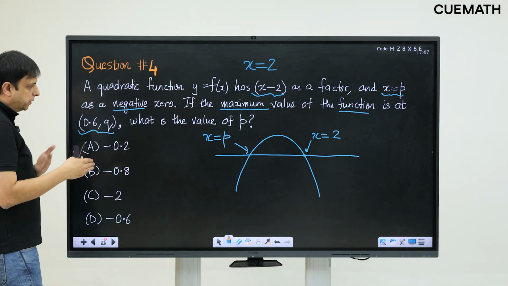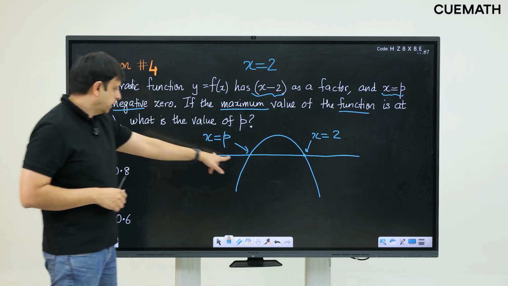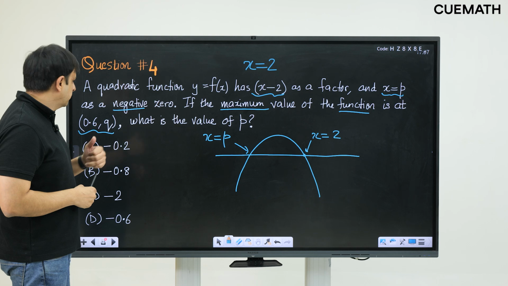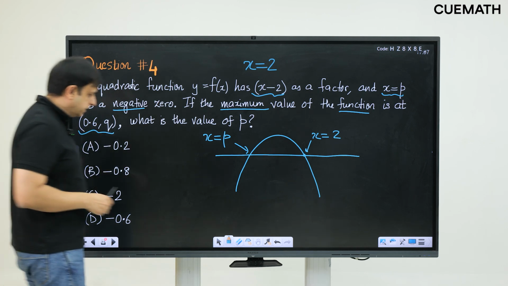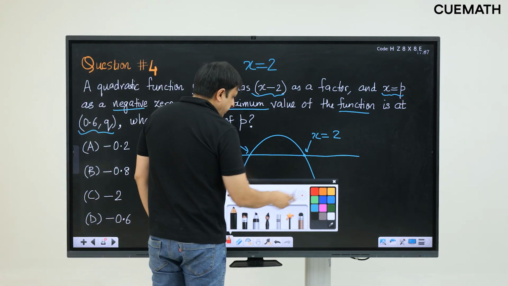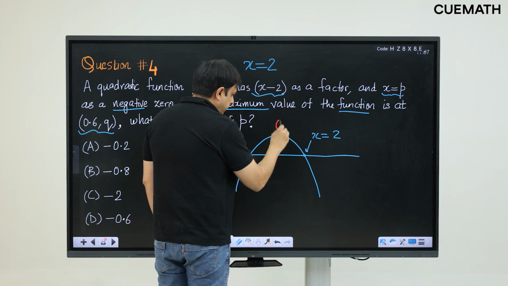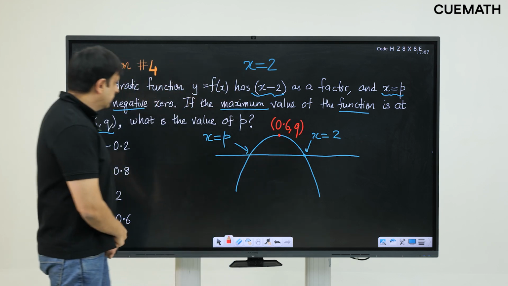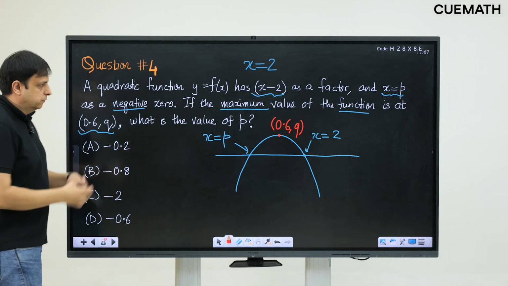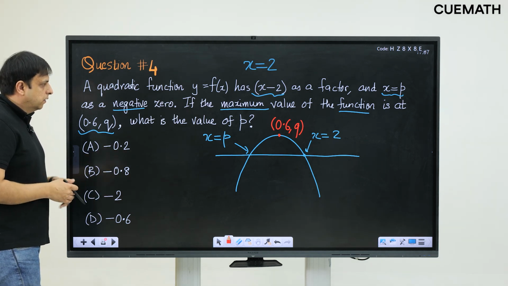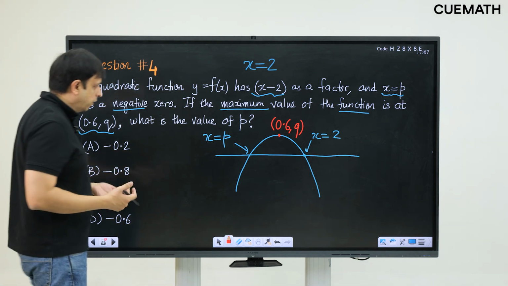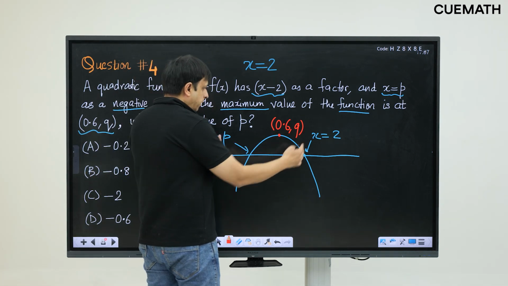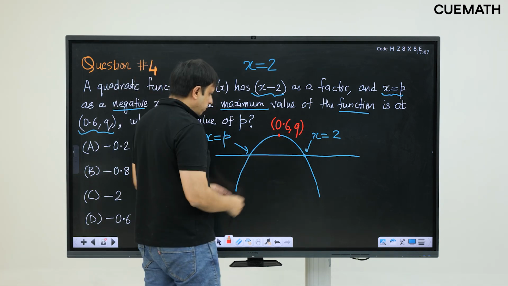So, p lies to the left of the y axis. If the maximum value of the function is achieved at 0.6 comma q, what that really means is that this point here is 0.6 comma q. What is the value of p? Now, from this graph, the problem becomes really straightforward, because 0.6 will be nothing but the midpoint of x equal to p and x equal to 2, or these 2 points.